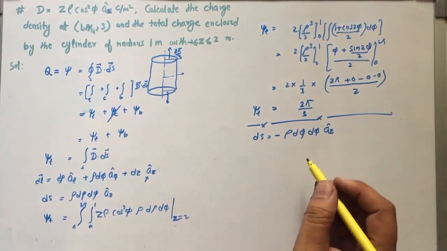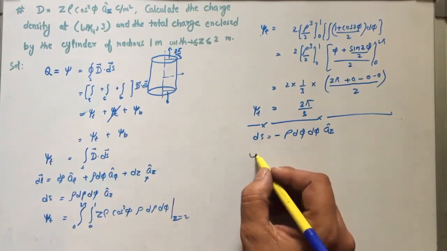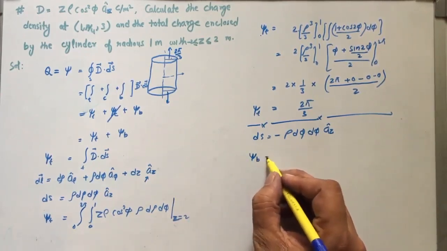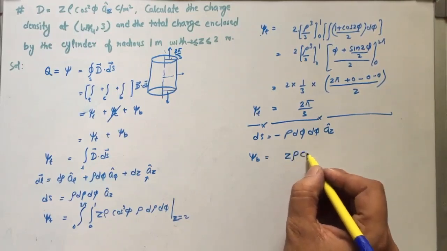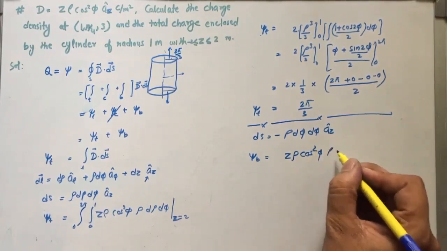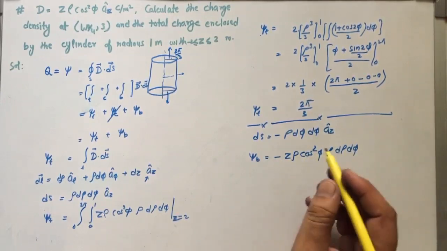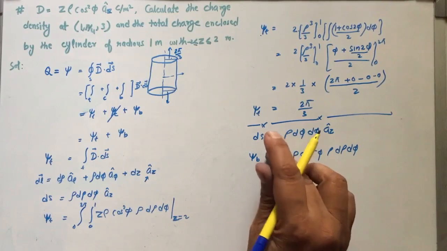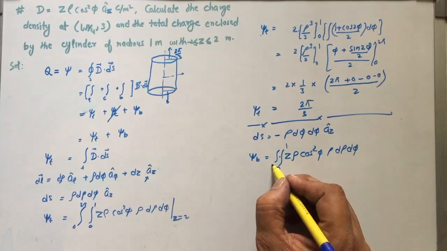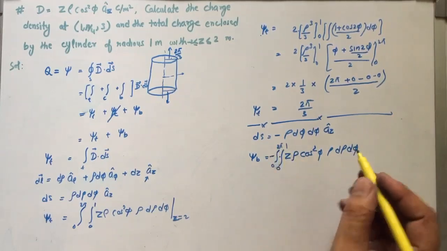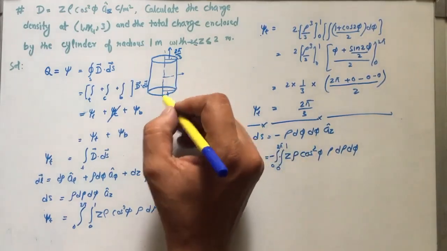And here if we put the value of this in phi b, then it will be z rho cos square phi rho d phi with minus sign, integration of rho from 0 to 1, phi from 0 to 2 pi, minus with minus az direction, and here the z value is minus 2.